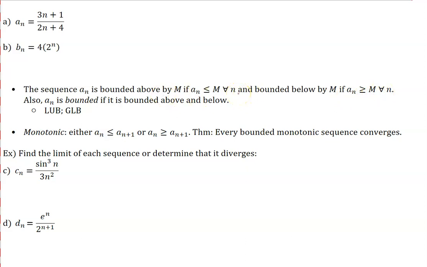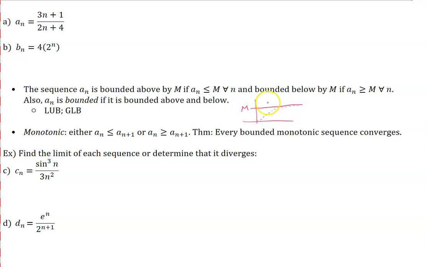Well, that means that if there's some constant m, so maybe we're looking at a graph and then maybe this is what our points do, our discrete points, and then we have some constant m, okay, and we know that all of the values in the sequence for every infinite term in the sequence are less than or equal to this, then that means it is bounded above by m.